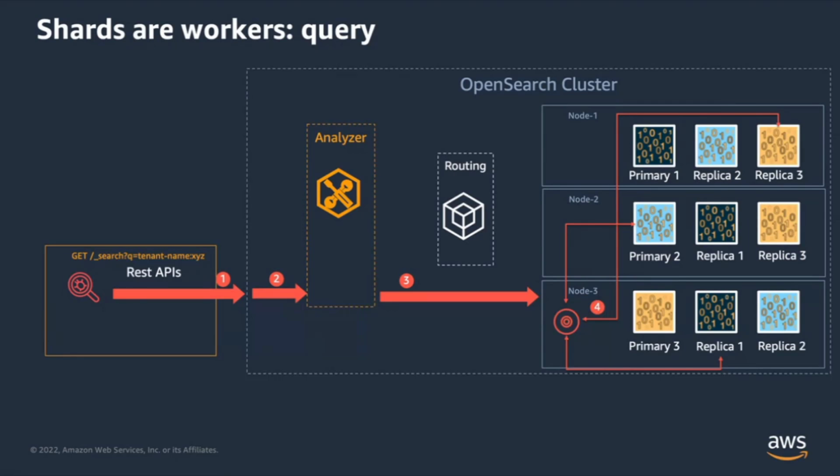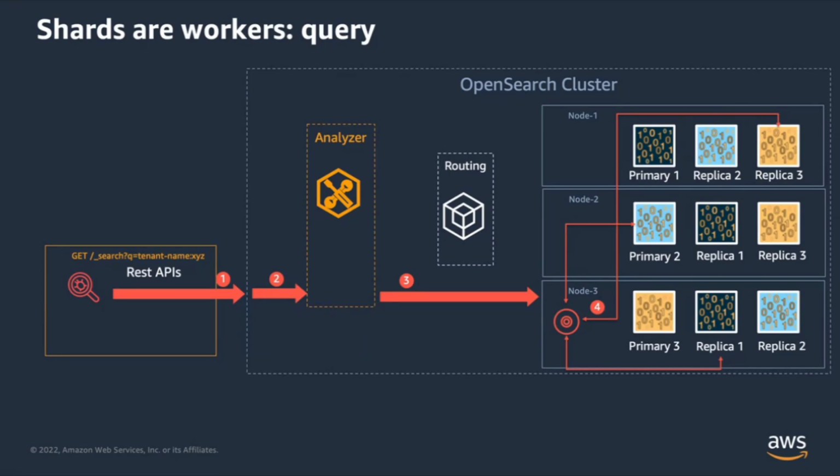And again, because the shards are the workers, the need here is for CPU, disk, networking, all of these resources to process these requests. As the number of indices that are concurrently accessed increases, we're also increasing the demand, especially for CPU resources.